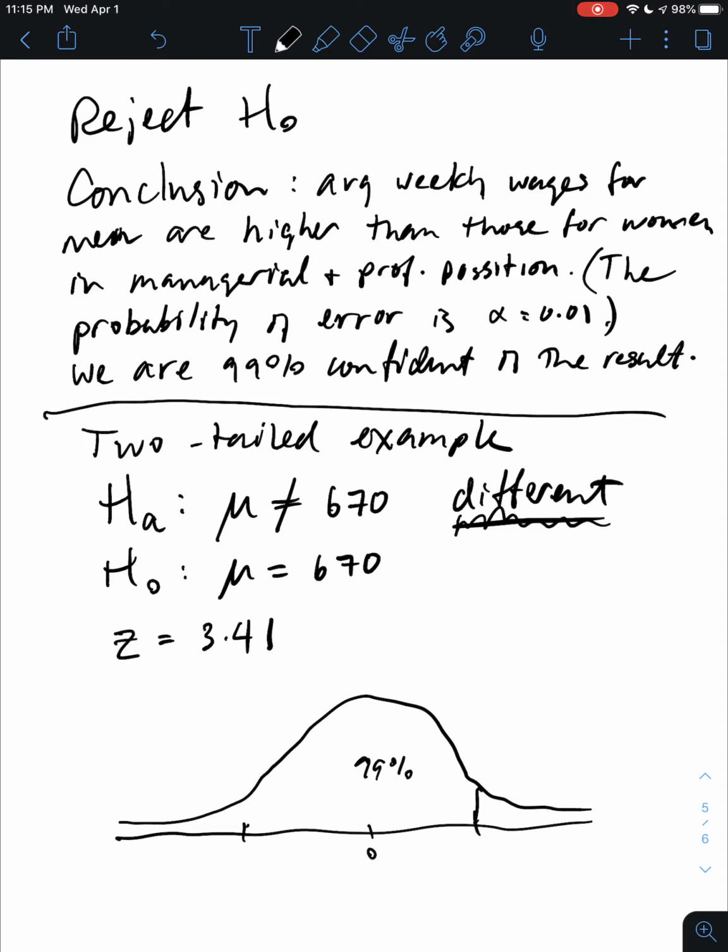And so that means there's 1% that's not in the hump in the middle, but it has to be distributed equally between these two tails. So a two-tailed test, there are two tails which form the rejection region, and it's not 1% anymore, but this is going to be 0.5%. Oops, it's not 0.5%, that's 5%. I'll fix that.